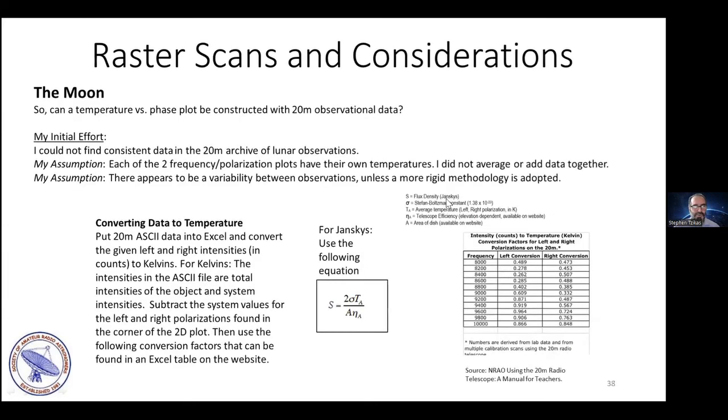I think my conclusion was I couldn't find anything consistent on the 20-meter. Perhaps I needed to adopt a more rigorous methodology. And the other thing I noticed when going through the data was that I didn't try to average or add together the different frequency plots and polarization plots. We took everything on its own. So I think that's still a good subject to go back to.